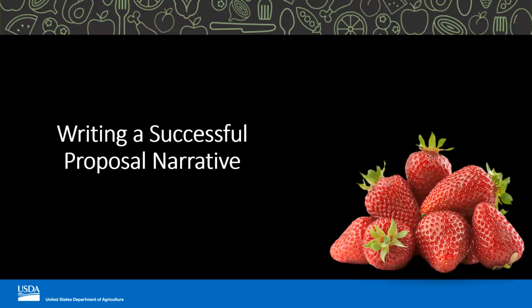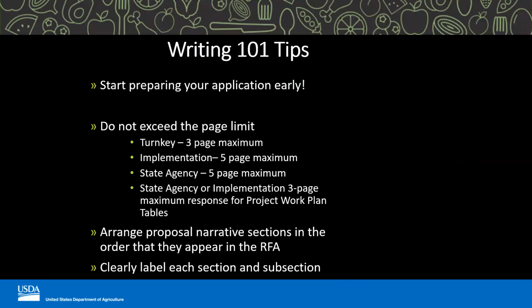Now we are going to cover the process of how to write a successful proposal narrative. It is important to start preparing your application early to give yourself time to correct mistakes and make the necessary changes. Be aware of the fact that any information that comes after the page limit has been reached will be disregarded and not reviewed.